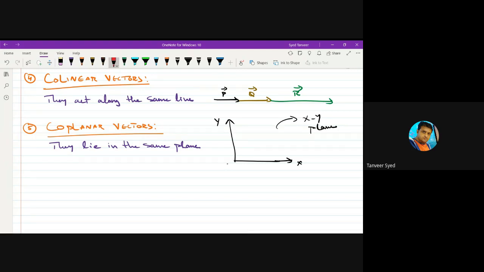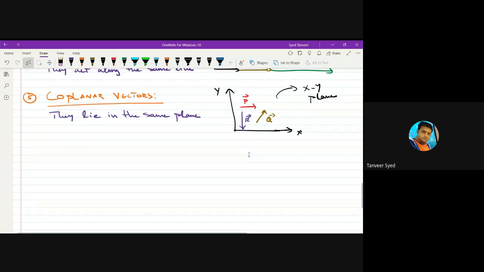In this XY plane, I have a vector P like this, another vector Q like this, another vector R like this. They can have same or different magnitudes, same or different directions. Whatever their magnitude and direction, they all lie in the same XY plane, and we call them coplanar vectors.